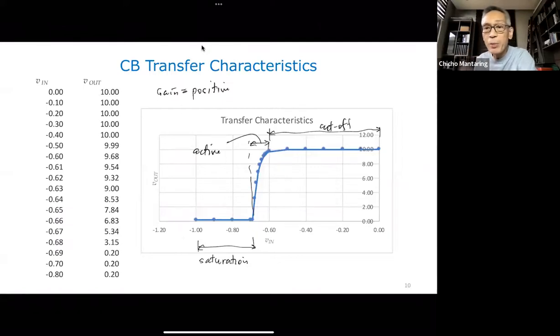Okay, just by inspection, no? These are the same transistor used in the common emitter. We use in the common base the same collector resistor. Just by inspection, where is the absolute value of the gain larger? Is it in the common emitter or is it in the common base? Anyone?